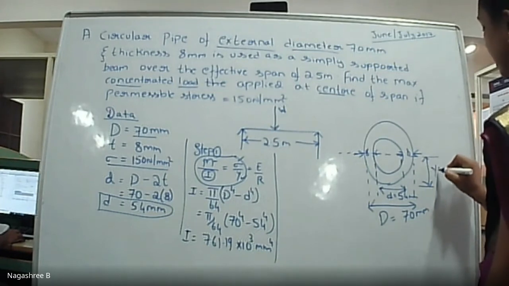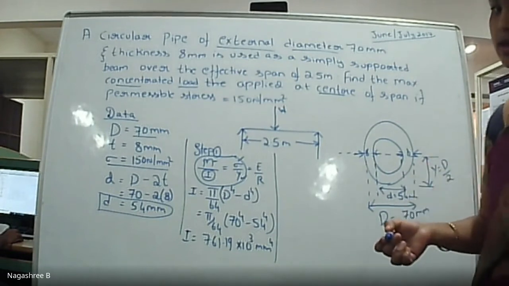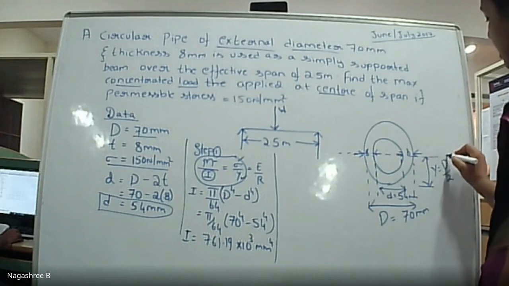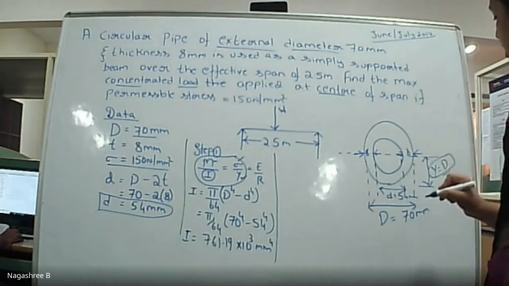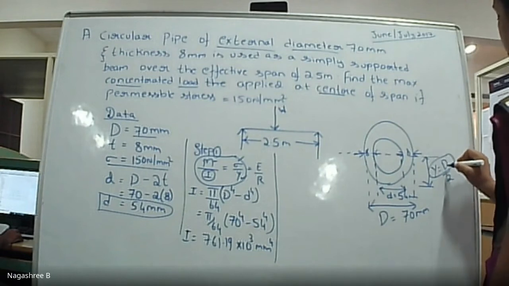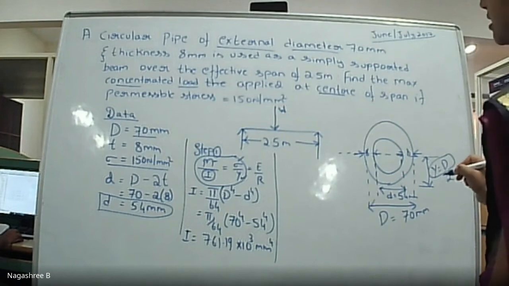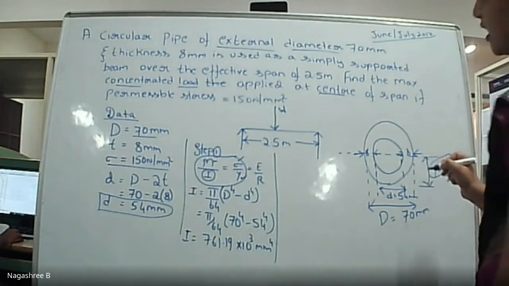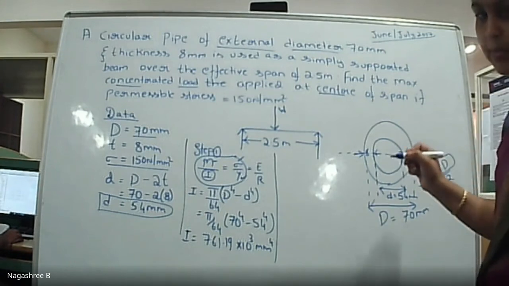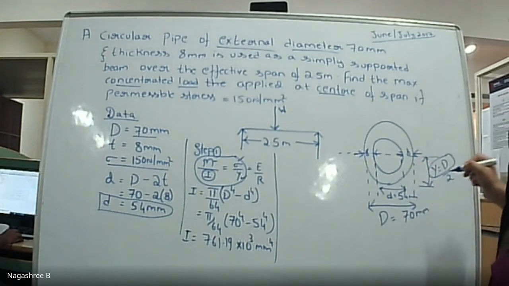So y, I can write this as d by 2, or it is the radius. And remember, when it is a hollow circular cross section, the value of y will be equal to the external diameter by 2, half of the external diameter.